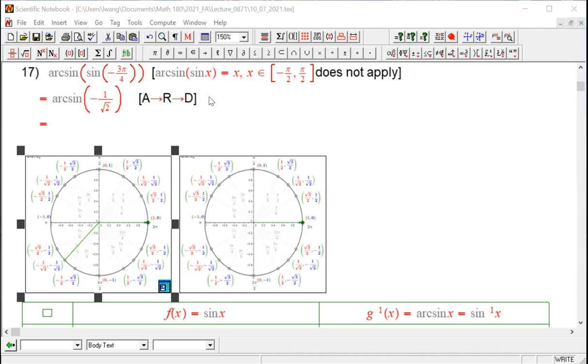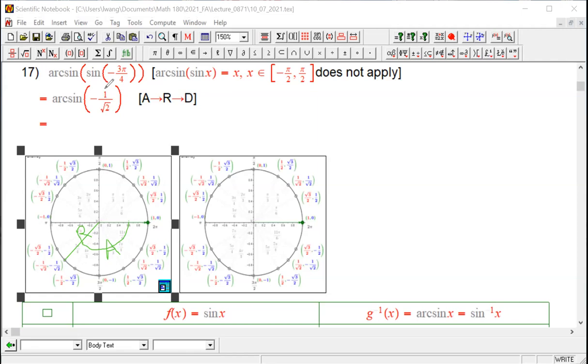And that's the A, angle measurement. And what is R? The positive acute angle between terminal and x-axis. D, applying definition, sine definition, is Y over R. So Y is the blue number. So that's how we get a -1 over √2.